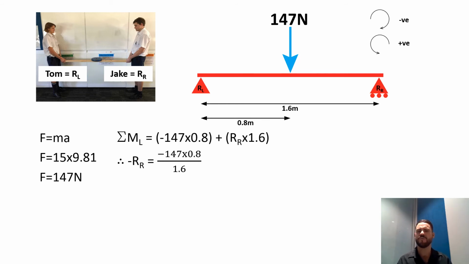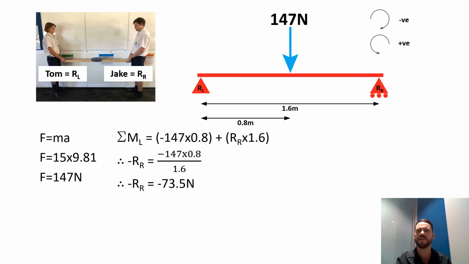And because we've switched that reaction right around, our 1.6 isn't a multiplier anymore, we now divide. So it's negative 147 times 0.8 over 1.6. And that's something that we can punch into our calculator. When we do that, we end up with negative 73.5 newtons.